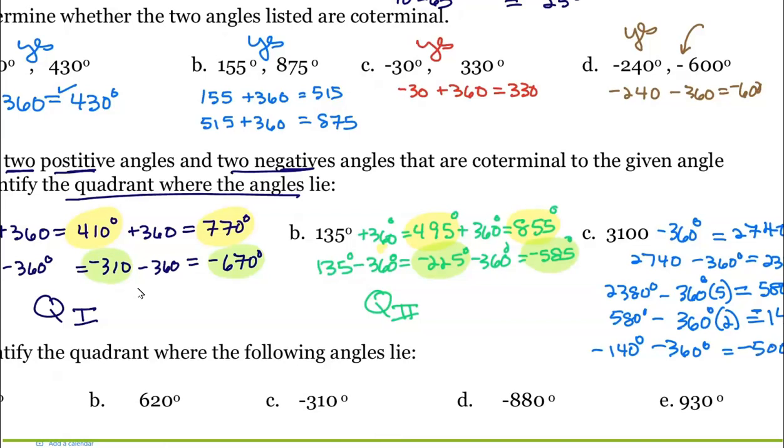Okay, so let's figure this out. Which angles are my coterminal angles? Here's a positive coterminal. Here's another positive. I have a lot more positive, but I'm not going to identify any more. Here's a negative coterminal, and here's a second negative coterminal. Well, what quadrant is that going to be? The easiest thing to do is to take 580 minus 360.